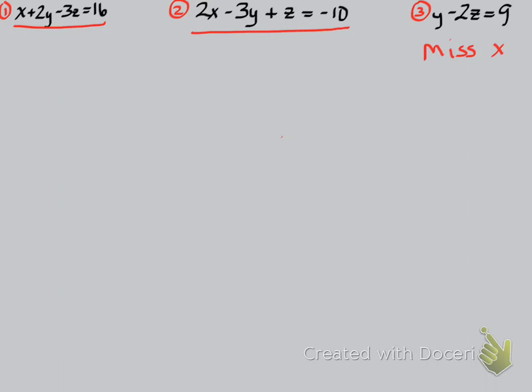Going back to what we were doing in 3.2, when we solved systems by elimination, you're going to take equation 1 and just write it down right now. Then you're going to take equation 2 and write it down.